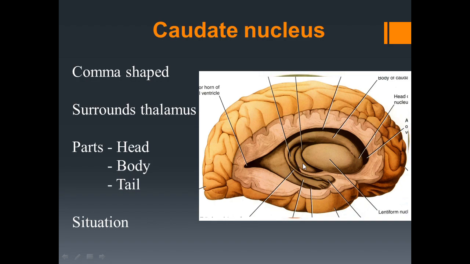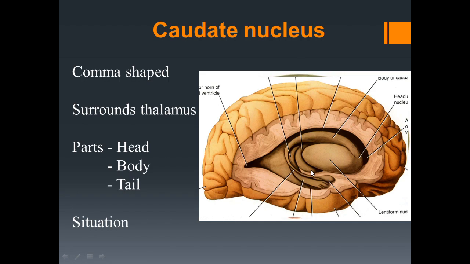Here in this picture, this is the thalamus. The caudate nucleus surrounds the thalamus and consists of three parts: the head, body and tail. This is the head, this is the body, and this thin slender structure is the tail of the caudate nucleus. The caudate nucleus is situated in the lateral ventricle.